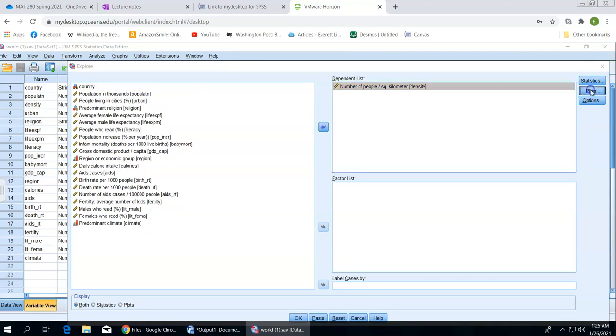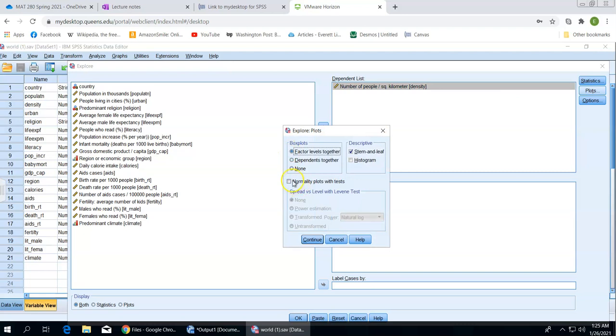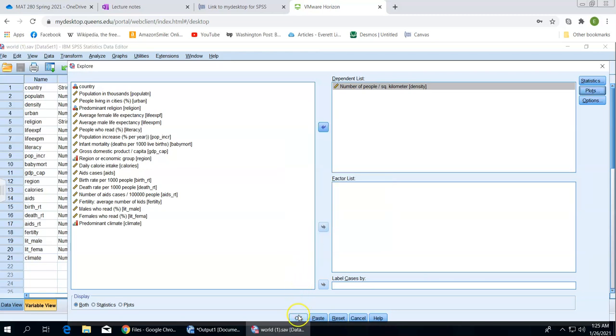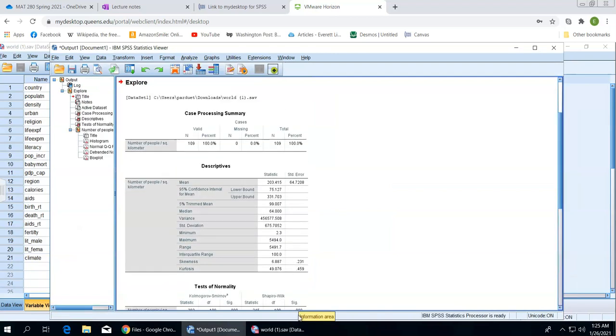And this time under plots, we're going to check normality plots with tests. And we are still going to want to turn off the stem and leaf and turn on the histogram. Right? And again, that's under plots. So we'll click continue and we'll click OK.